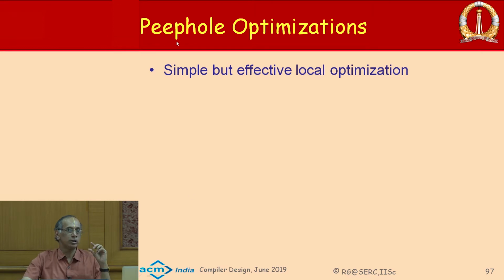Peephole essentially means a small window. So, what you do is that in this generated machine code, you look at small windows of instructions, and within that small window, if you identify certain patterns for optimization, you apply those optimizations, right.